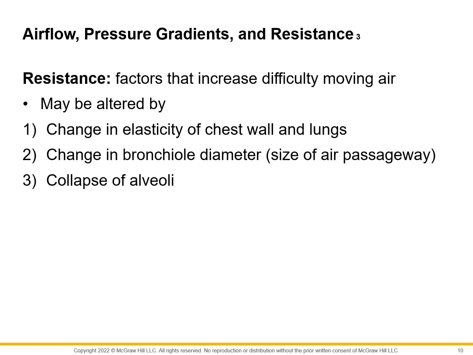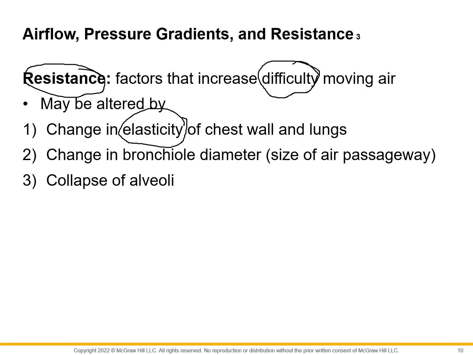Things that can cause resistance, or things that can cause difficulty moving air. One is if the muscles of your chest, like your intercostals, your diaphragm, your scalene, sternocleidomastoid, your pecs, lose elasticity.